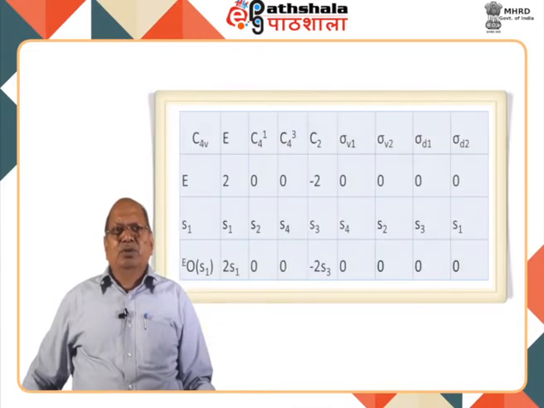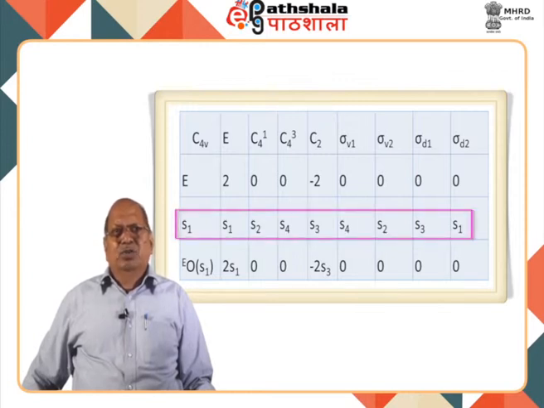If we make use of the transformation operator corresponding to E, let us operate on S1. The results are again given in the table, that is S1 goes as S1, S2, S4, S3, S4, S2, S3, S1 like this, and the net result is shown here.